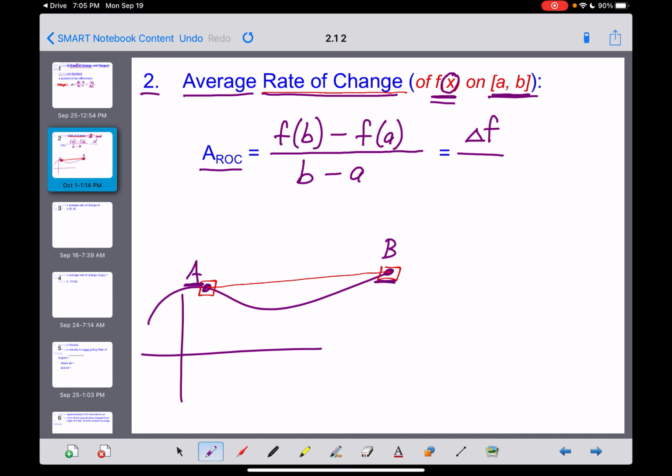But I do have to warn you guys, what we're going to see more often than any other type of problem in this chapter is a function dealing with an object in motion measured over time. So very often, instead of these being x values, those are actually going to be t values. So change in f over change in t, and that means change in time. So however you want to do that, that numerator could be delta f or delta y. The denominator could be delta t or delta x. It just kind of depends on the problem.